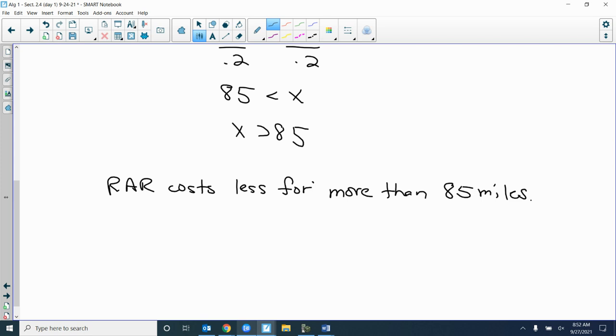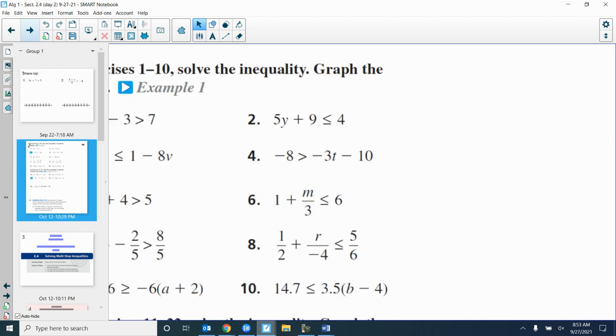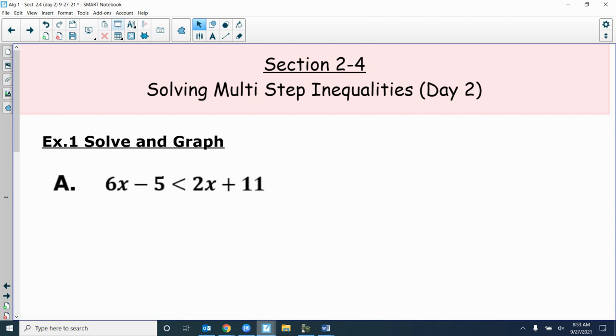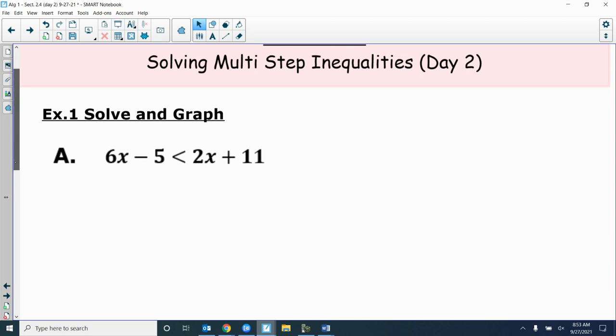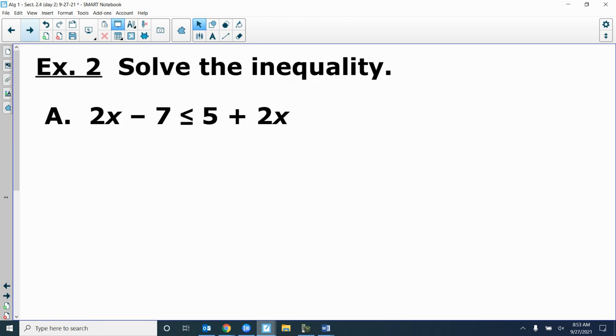We're going to skip those first two because we just did examples like them. If you started, you're not going to kill yourself. All right, go down to the one on the bottom, example 2A. Just take a look at that.